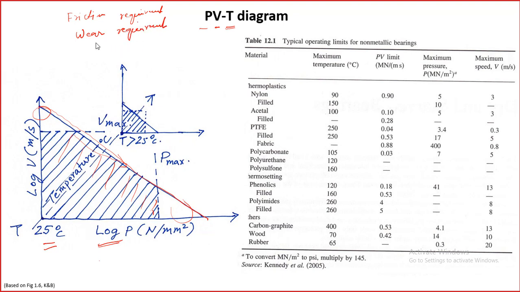In the friction requirement, at a fixed velocity you will vary the load, increase the load until you get a friction coefficient within your range. Or if it is wear requirement, then at a fixed velocity you will vary the load, increase the load, as long as you get a given wear coefficient.